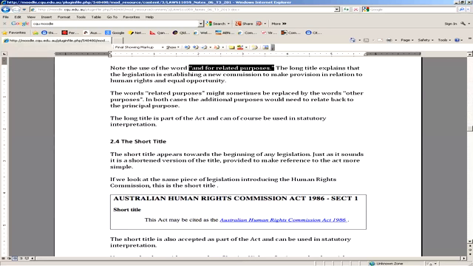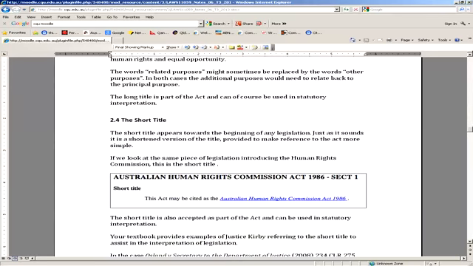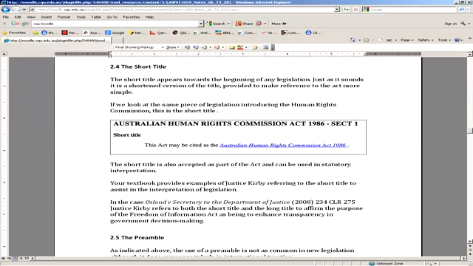And normally, I should say, they've done it there, but normally it'd just be the name of the Act in italics, and then the year of the Act in normal font, open brackets, capital C, little t, little h, close brackets, in normal font as well, to signify that it's a Commonwealth Act. So the short title is important because it helps you in a referencing sense to know what the Act is, or to know what its formal name is.